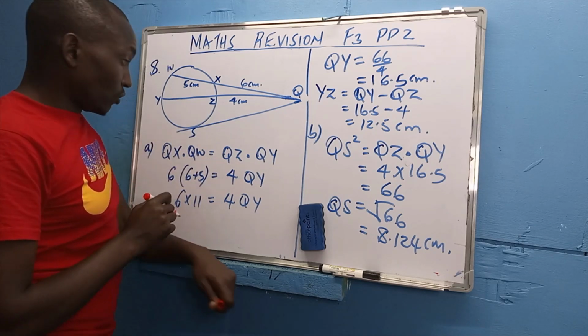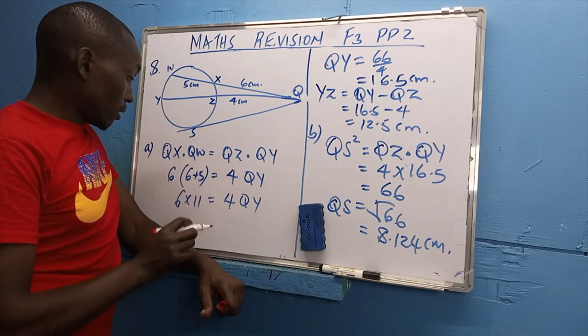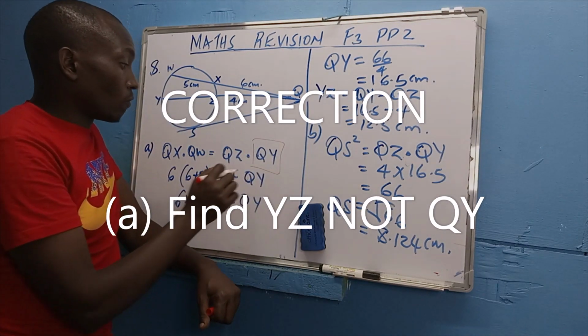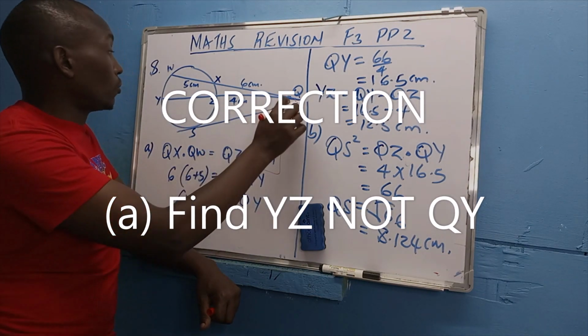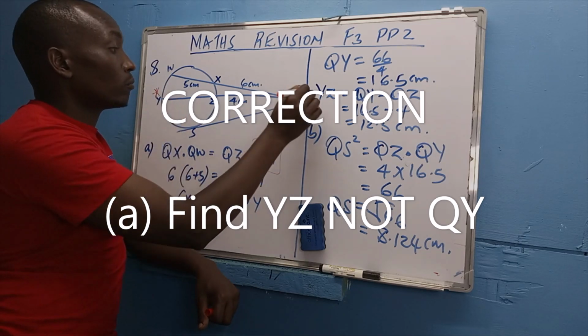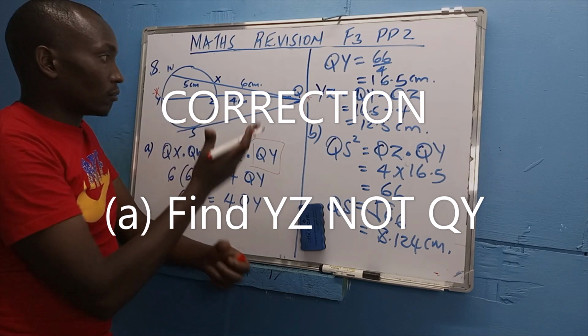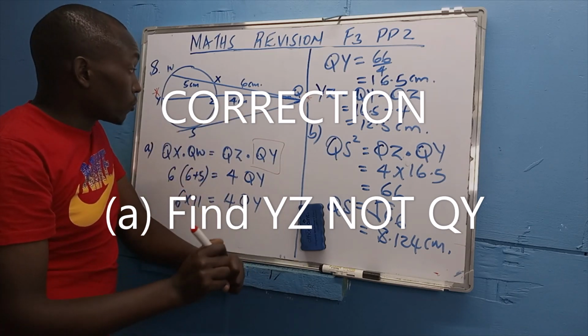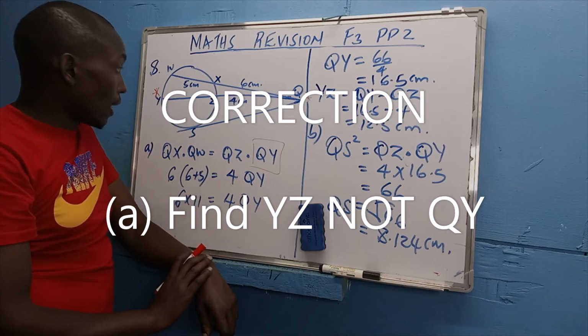The first question, as you can see in the question paper, is to find the length of the line QY. That is not necessarily the chord itself.